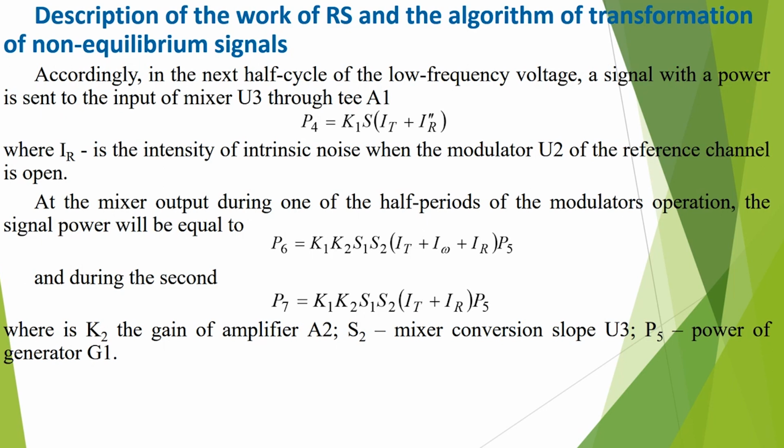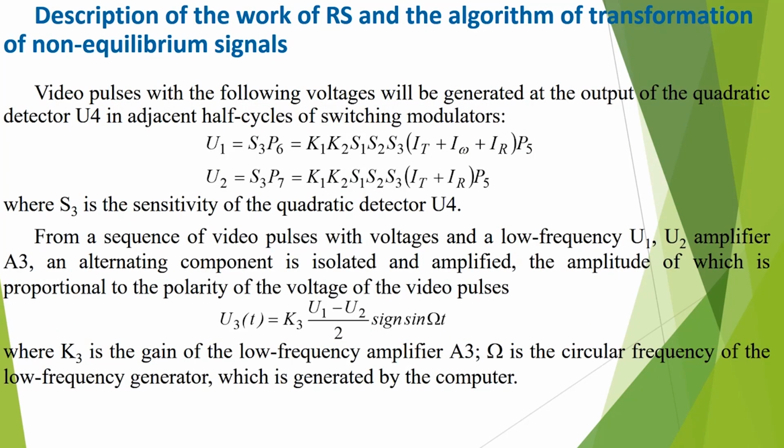this formula. From a sequence of video pulses with the voltages and low frequency U1, U2, amplifier A3, an alternating component is isolated and amplified, the amplitude of which is proportional to the polarity of the voltage of the video pulses.